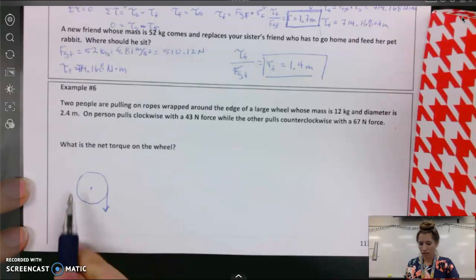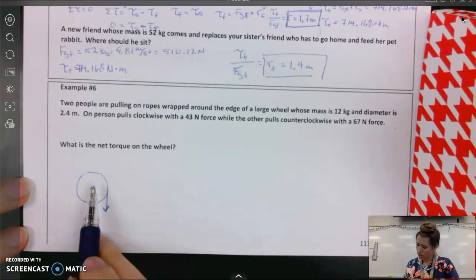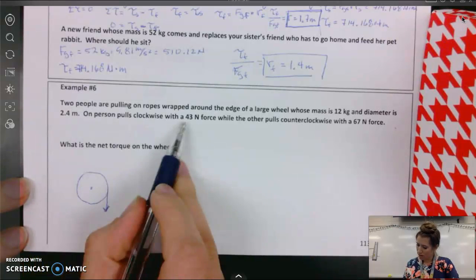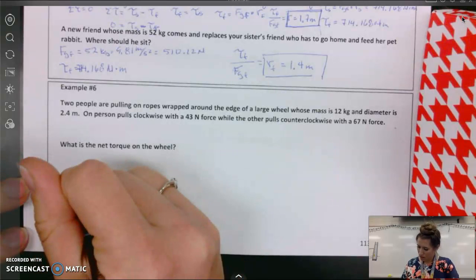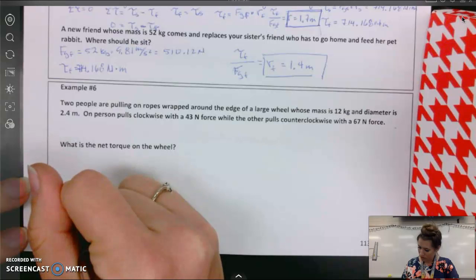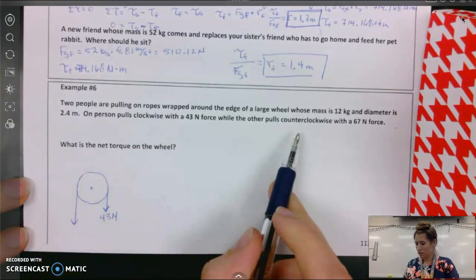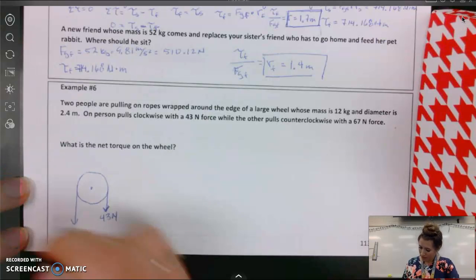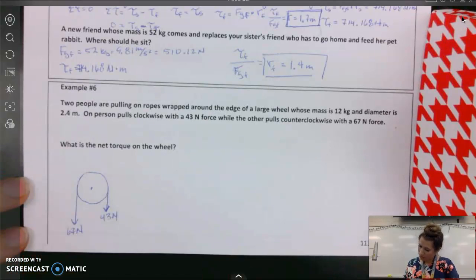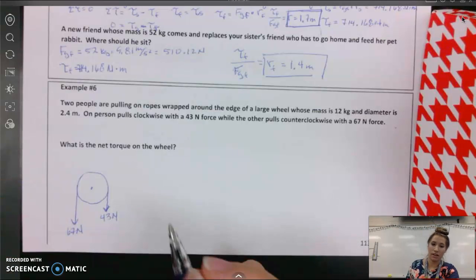Now, that would cause clockwise motion, and so one person pulls clockwise with 43 newtons, and then the other person pulls counterclockwise, like this force is causing it to go counterclockwise, and it's 67 newtons. What is the overall net torque?